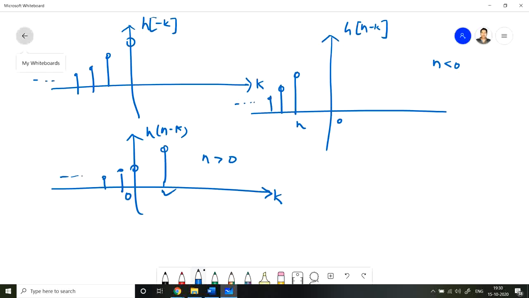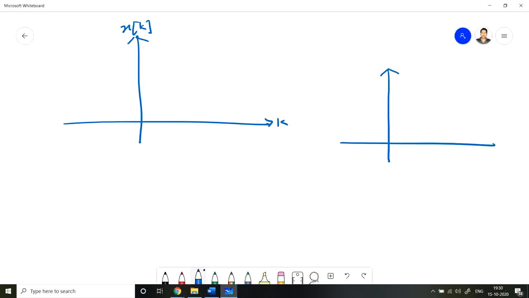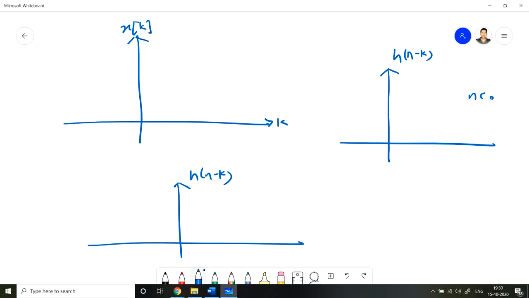So basically our requirement is the graph of x[k], h[n minus k] when n is less than 0, and h[n minus k] when n is greater than 0.